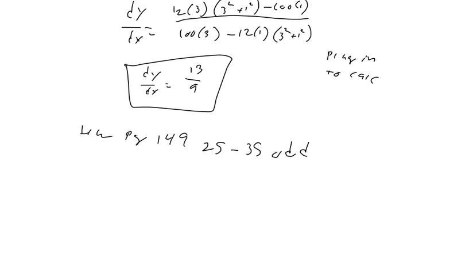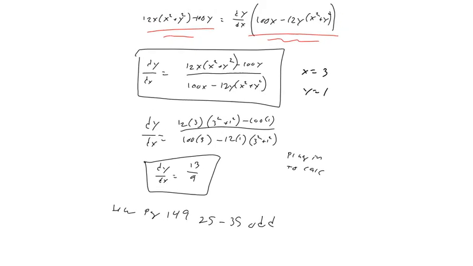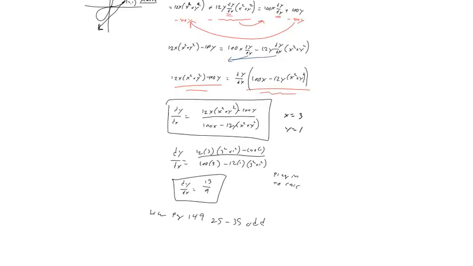Early questions are easy. I don't think they get much more complicated than what I just gave you. That's the most challenging one. All you're doing is finding the slope, 13 over 9 here, for example. Get these equations. The only way to make it is practice. All right?